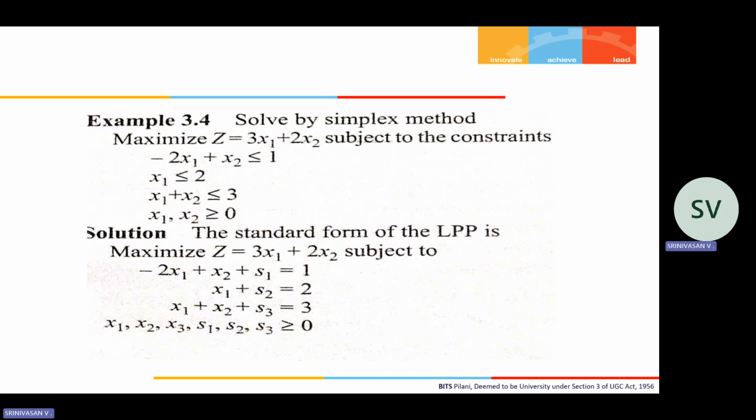The last equation will always give out the general criterion that the decision variables and the slack variables should all be non-negative. That non-negativity should be spelled out as the last constraint. x1, x2, s1, s2, s3 greater than or equal to 0 is the standard form of the LPP which is to be optimized for the maximum.